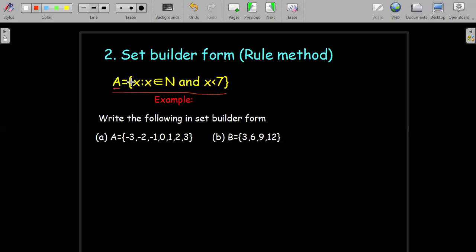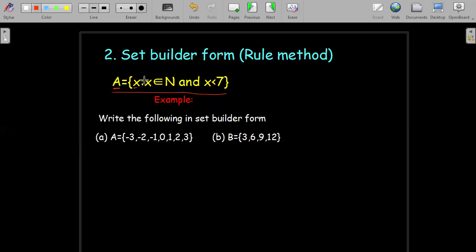So the first part here, of course, we know is the set itself. So this is the set A. You have your equal sign, you have your brace, since we said that we use these braces to denote our sets. Then we're saying X. So X is just representing an element in that set. That's the reason why you have X there, and you have such that.